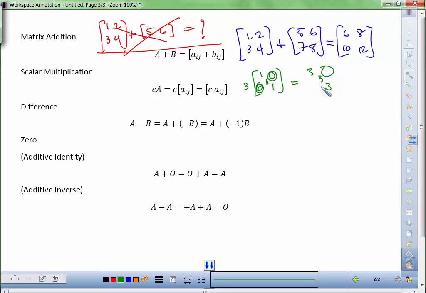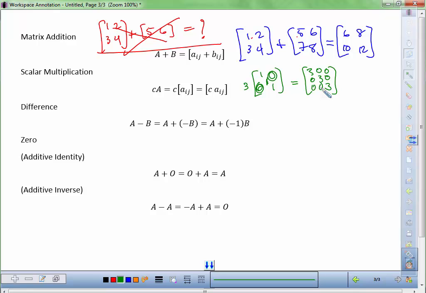Or if you really want me to just put zeros all over. So scalar multiplication takes the scalar and multiplies it to every single entry in the matrix.